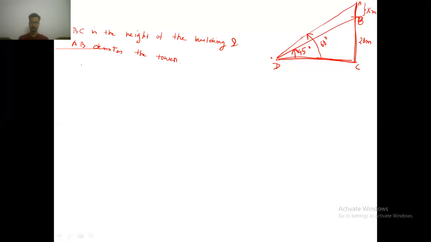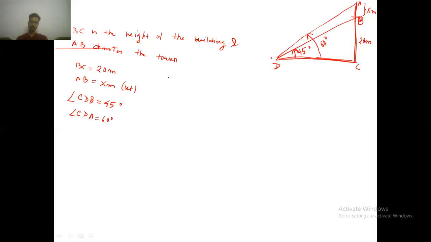Now here BC is given 20 meter, AB equal to x meter, and write in bracket let. Then you can write angle CDB equal to 45 degree and angle CDA equal to 60 degree. That means this angle CDA, the bigger one, is 60 degree and CDB is 45 degree.